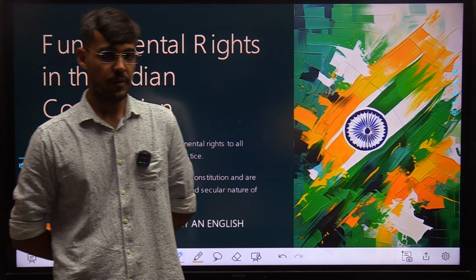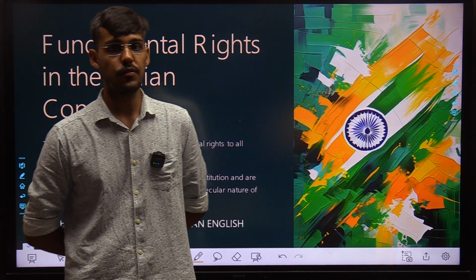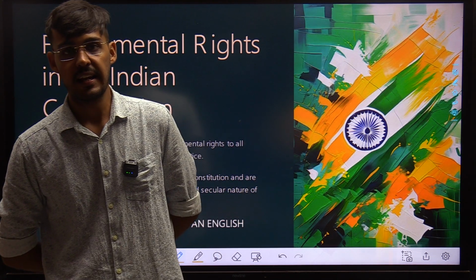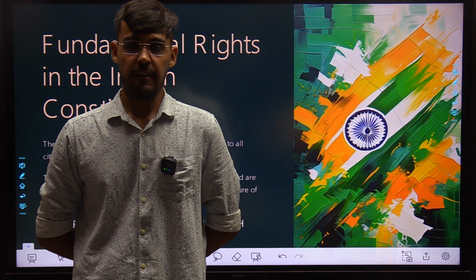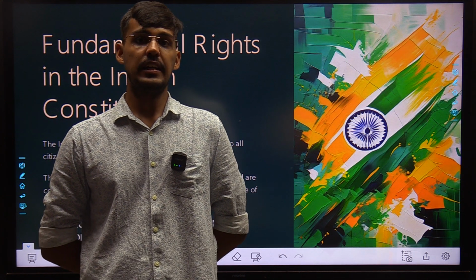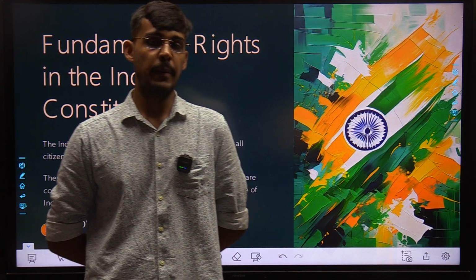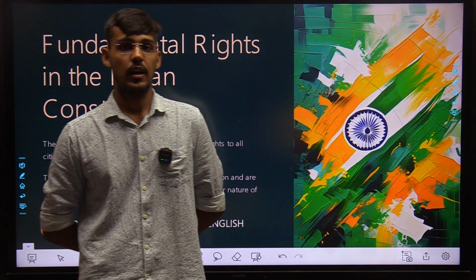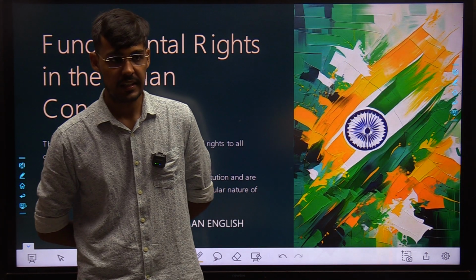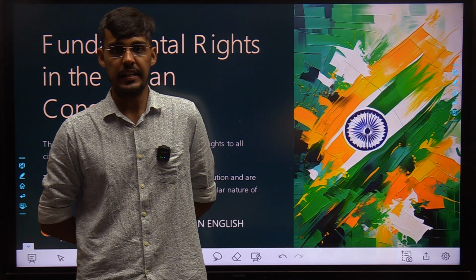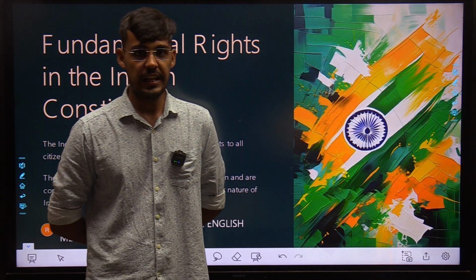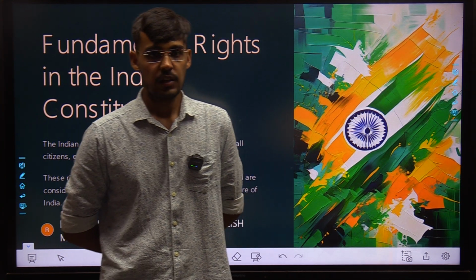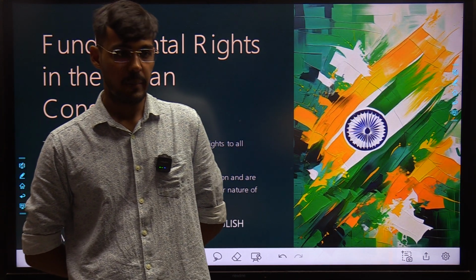In the parliamentary form of government, there are two houses, Lok Sabha and Rajya Sabha, and the political party or the coalition of political parties which gets a majority in the lower house is able to form the government, and the Prime Minister is selected as the leader of that grouping, that coalition. So we follow the parliamentary form of government.